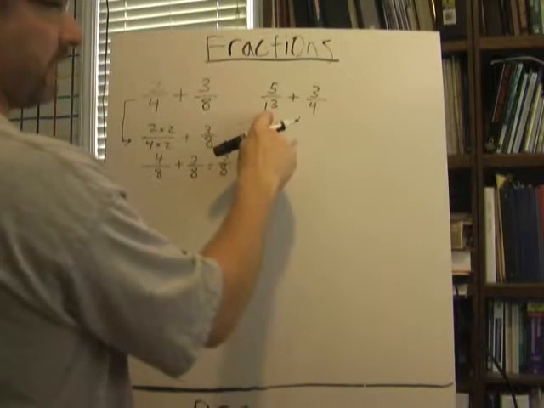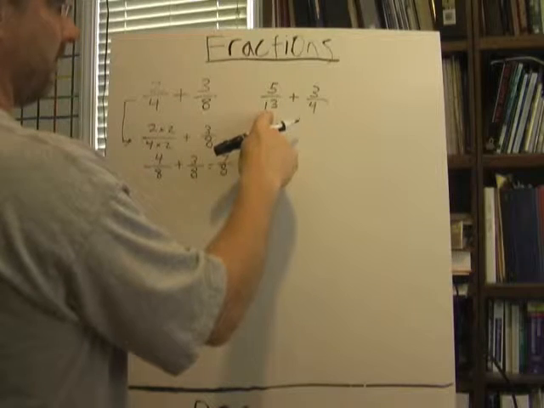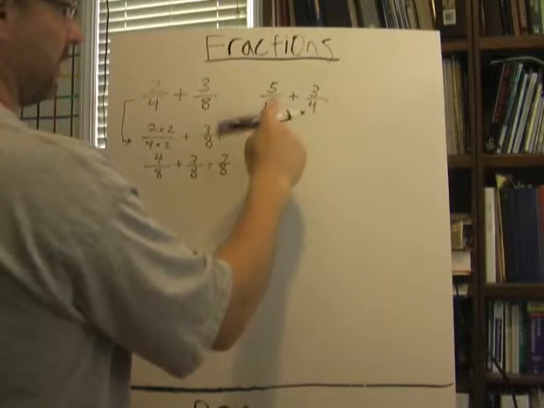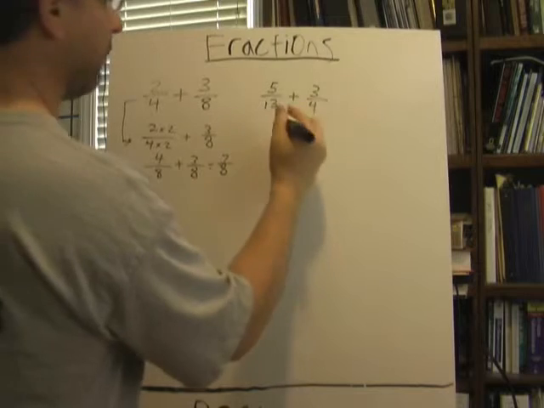In this case, 13 is a prime number, so 4 can't go into 13. So you're going to do 13 times 4.